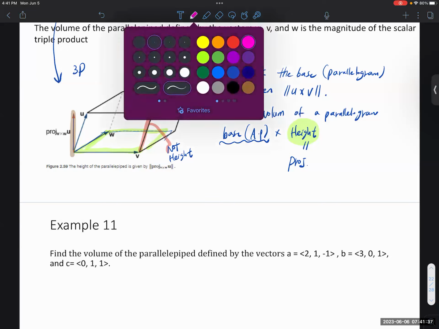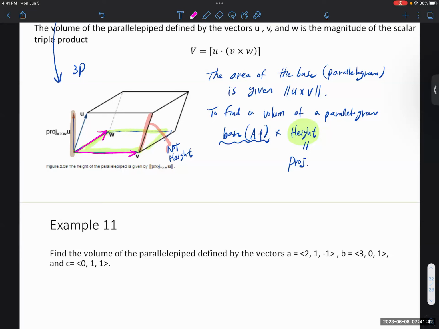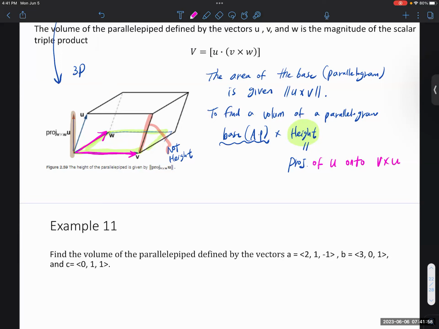This is a V, this is a W vector from the base. And then the multiplication of these two. So the projection of U onto V times W is going to be the height.